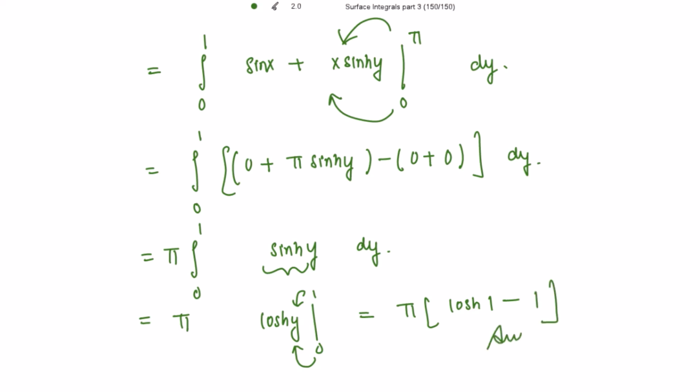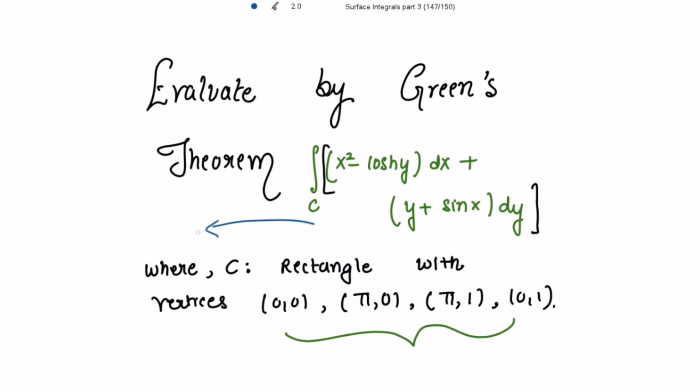So this is the required value of the given line integral: pi times (cosh 1 minus 1). Okay, thank you.